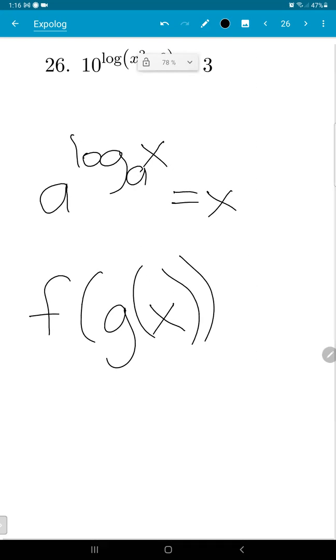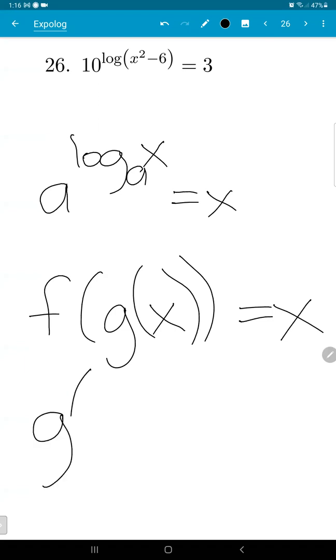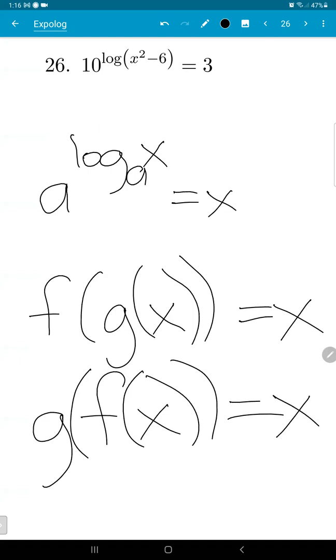And inverses have the property that they undo each other, meaning we get back to the input value x, either way around. So if I apply one function to the other, I sort of undo what the first function did.